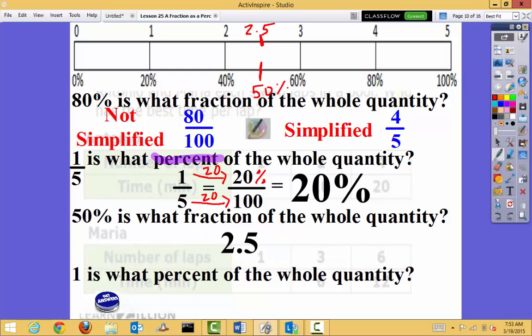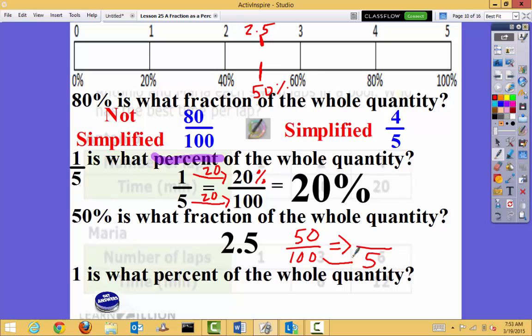Another way I could have gotten that is I could say, well, 50 out of 100, so here's my percent as a fraction, and what is that going to equal? Well, I need an equivalent fraction, and I know the whole entire length is 5. So I can ask myself, how do I get from 100 to 50?